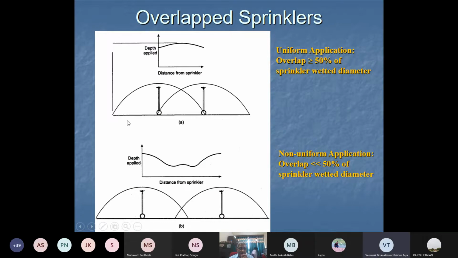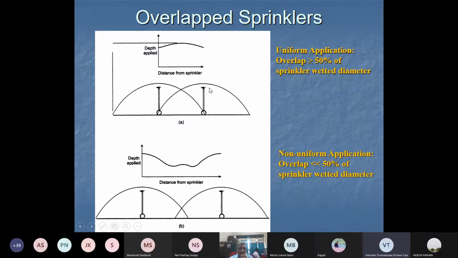Now when any sprinkler system is operated, what happens? When you are monitoring the depth of water from a particular sprinkler head, it looks like this. Suppose this is the diameter of coverage of one sprinkler, say d meter. Another sprinkler you keep at 50% distance, so there will be overlap.